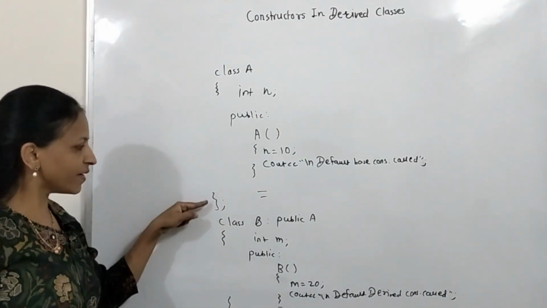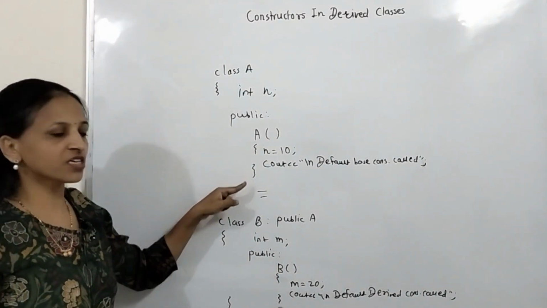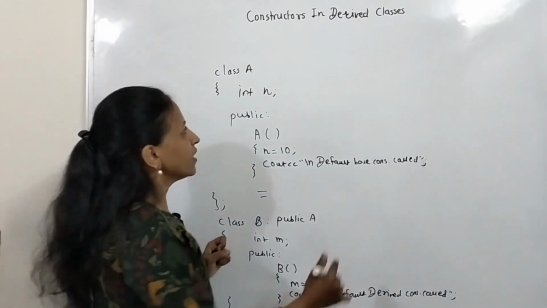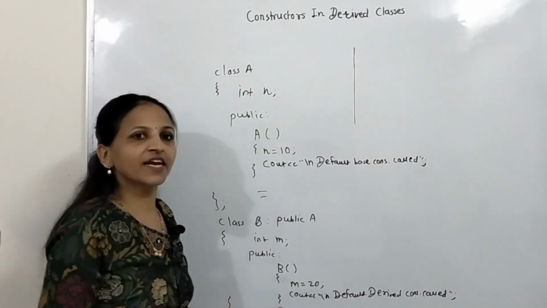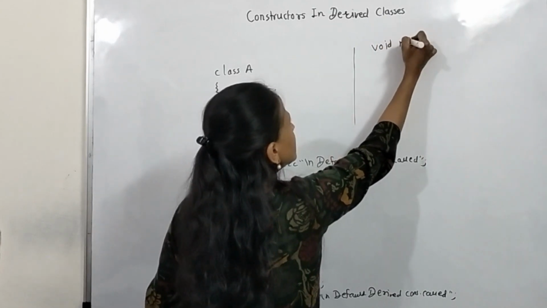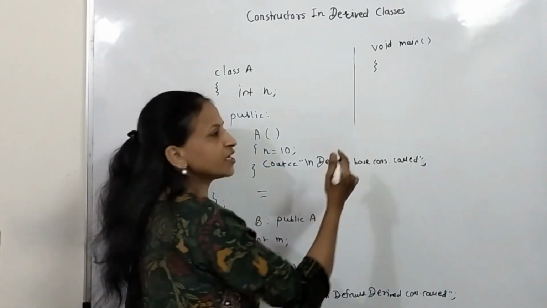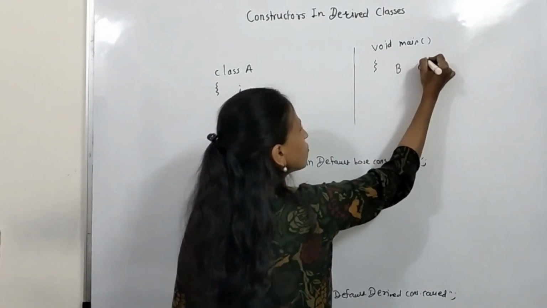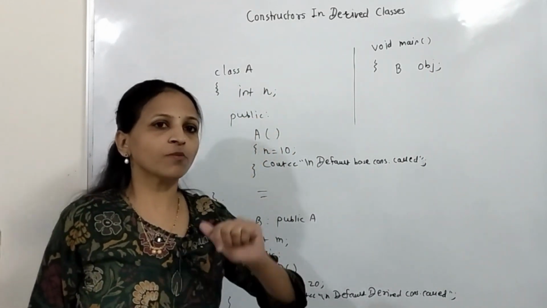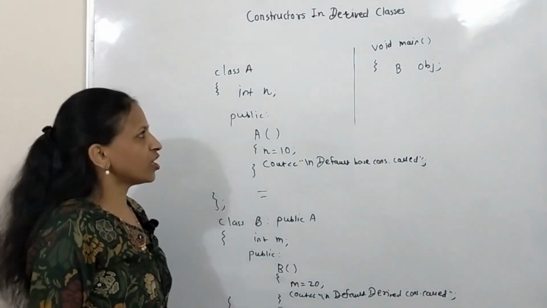Now this is our class. This is the base class, and this one is the derived class. The base class has a default constructor, and the derived class also has a default constructor. Now we normally create an object of the derived class. In void main, we create one object of the derived class: class name, let obj. We already discussed that whenever an object is created, the constructor is automatically called.